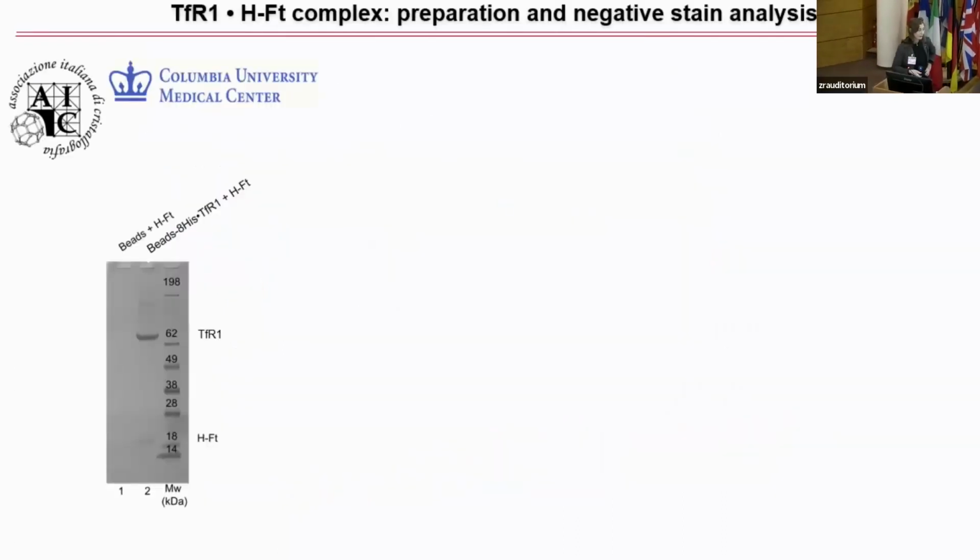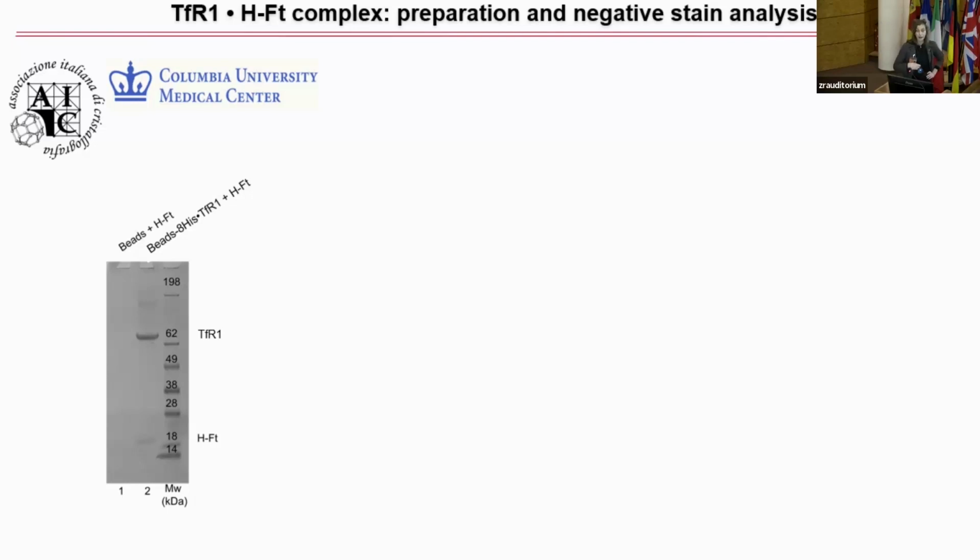So we decided to try to do cryo-EM. And actually we used a very simple thing that worked. That was just to bind the receptor to the beads via a tag, via a nickel binding tag, and then to add ferritin on the column, and then to detach this from the column.